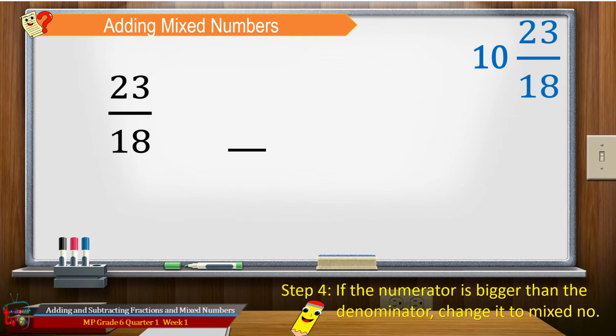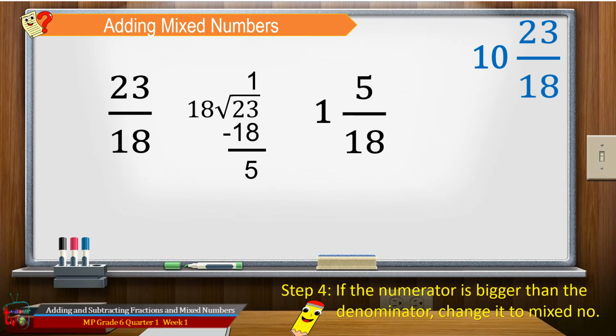Step 4. If the numerator is bigger than the denominator, change it to mixed number. This is how to do it. We divide 23 divided by 18, and our answer now is 1 with a remainder of 5.